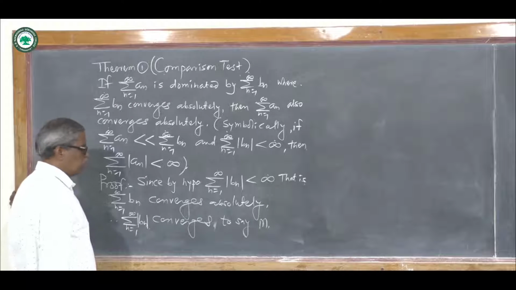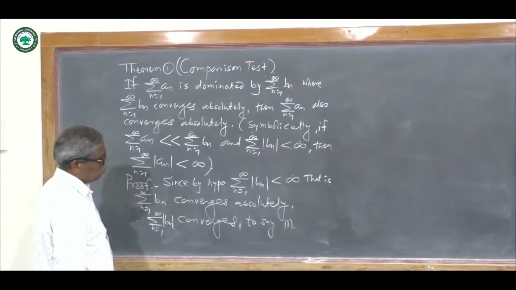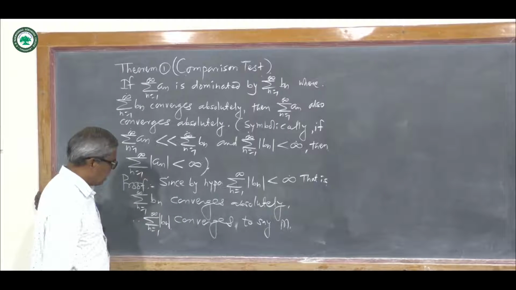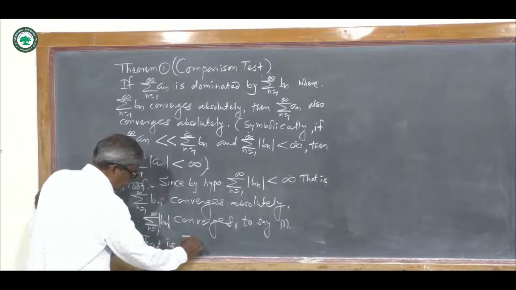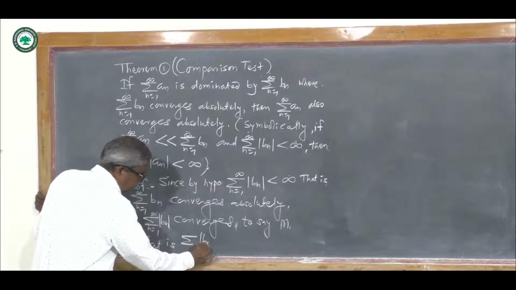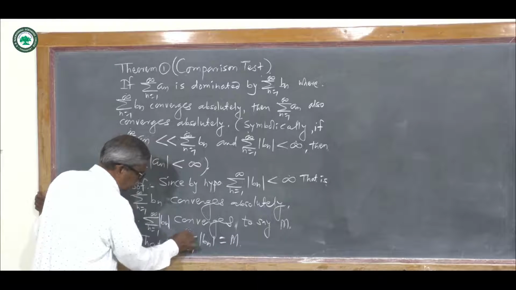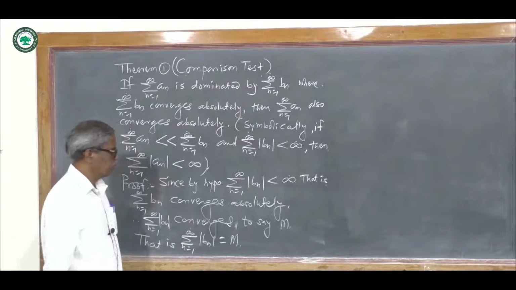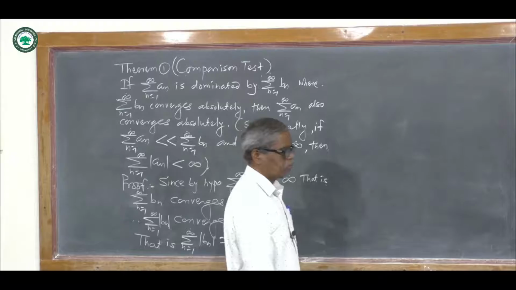It converges to, say, capital M. That is, sigma mod bn, n is equal to 1 to infinity, is equal to capital M.